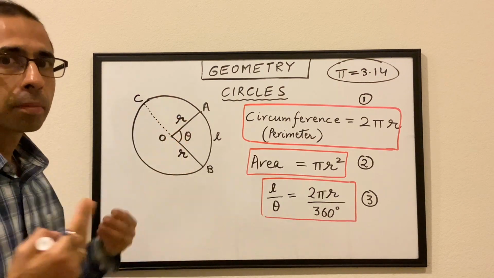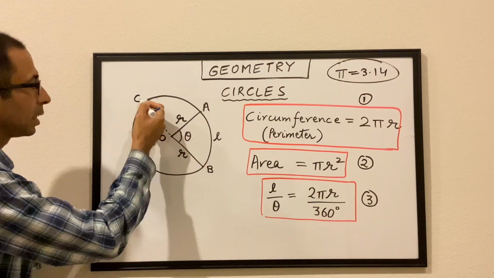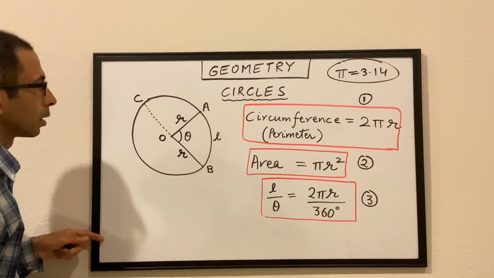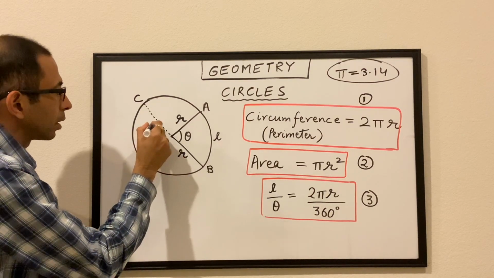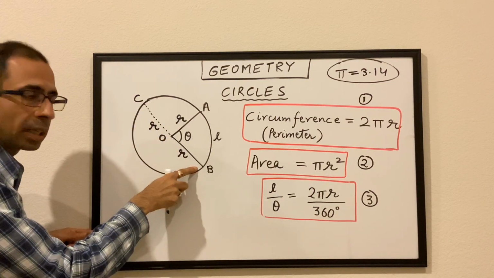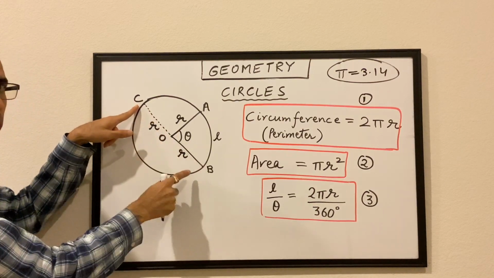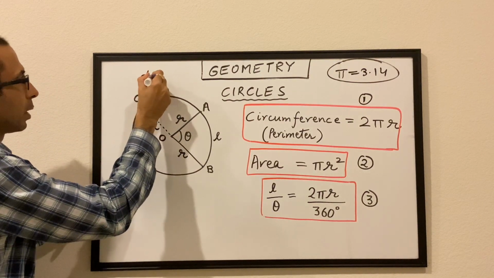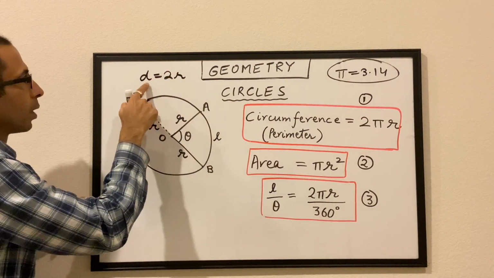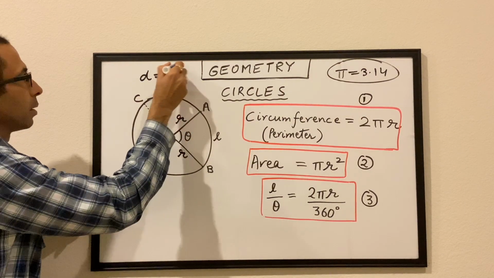So that line segment is called the diameter. In this case, BC will be the diameter of the circle. Obviously, diameter is twice the radius because OB is radius and OC will also be radius. So the whole diameter would be twice of radius, right? So kind of a simple thing here, D is equal to 2R, and diameter is typically denoted by D.